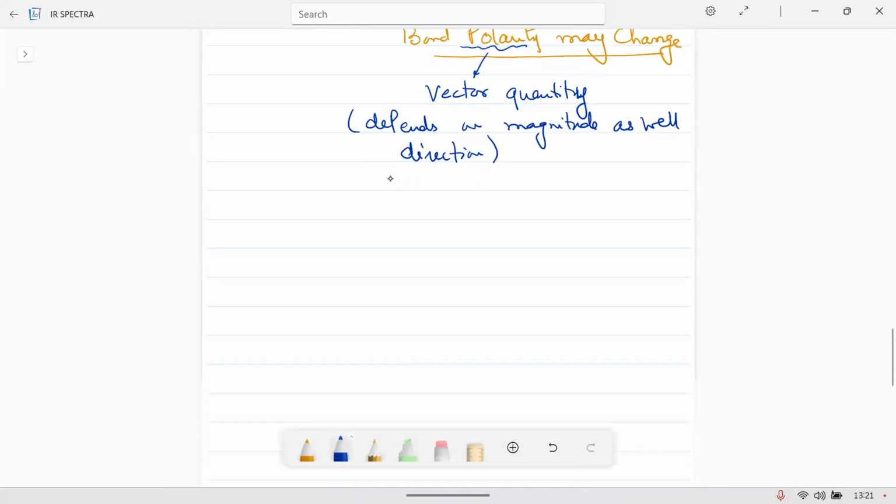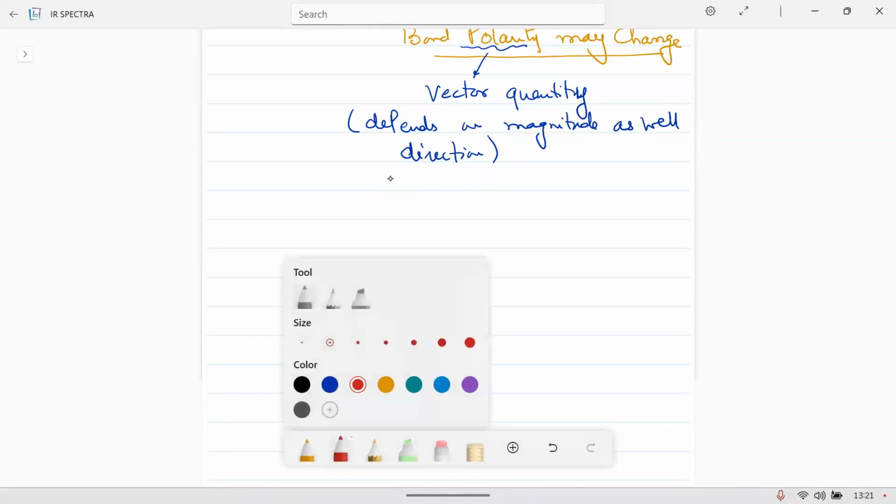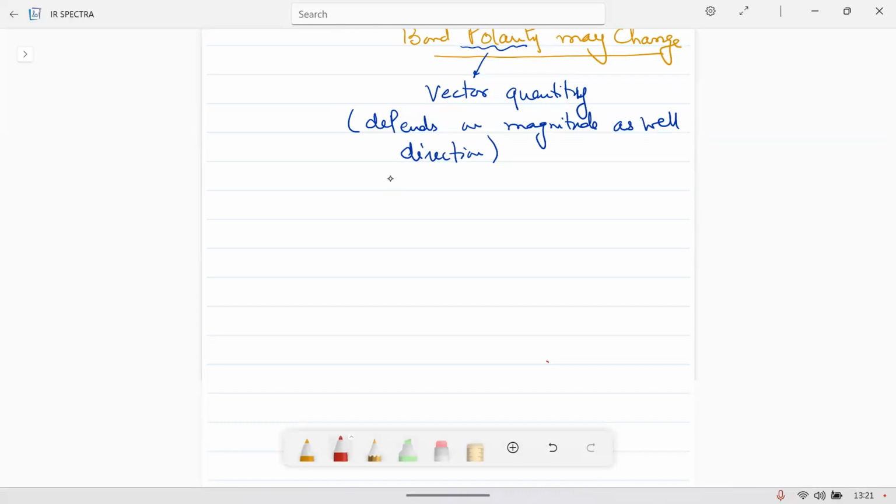So for example, if you have a carbon dioxide molecule, another important thing before we take the example is that IR spectroscopy, that means the machine, can identify only polar molecules.